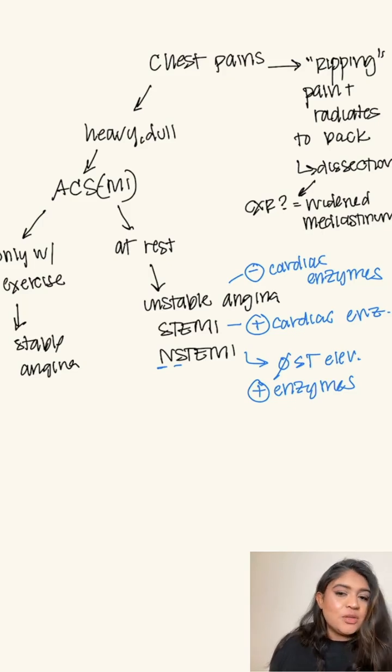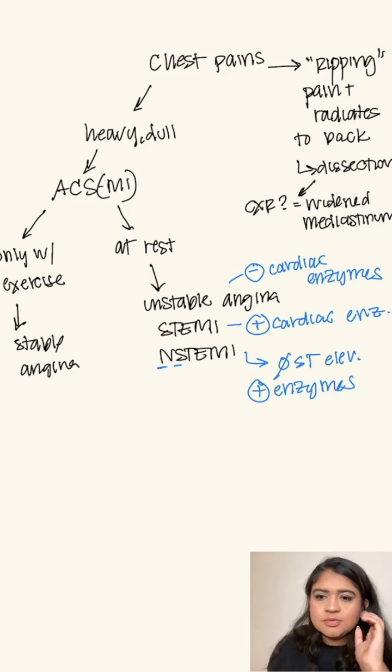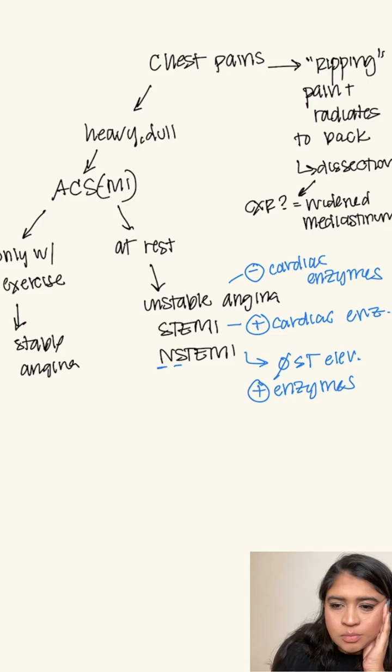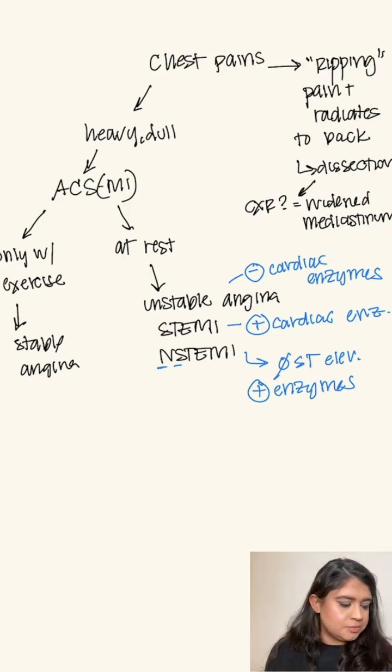Wonderful. If they're unstable, do you do anything different? Then what's your diagnostic test for an unstable dissection?